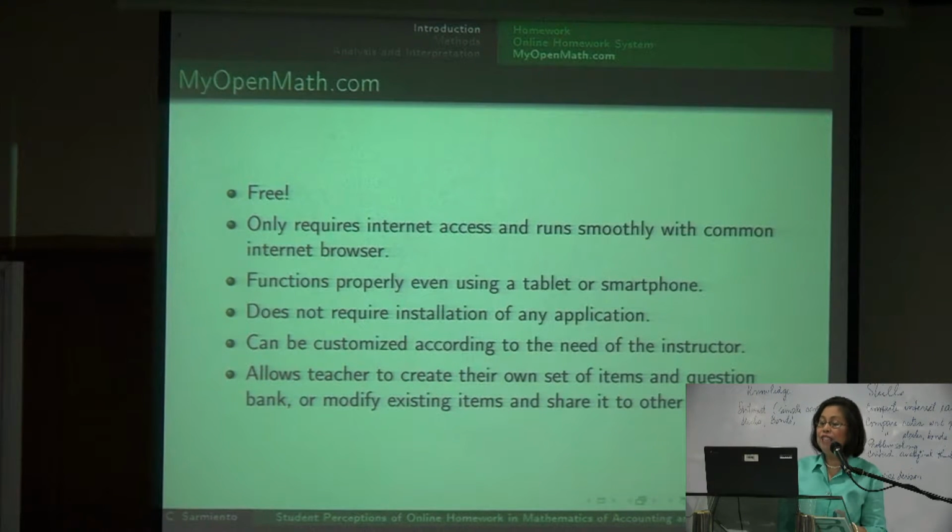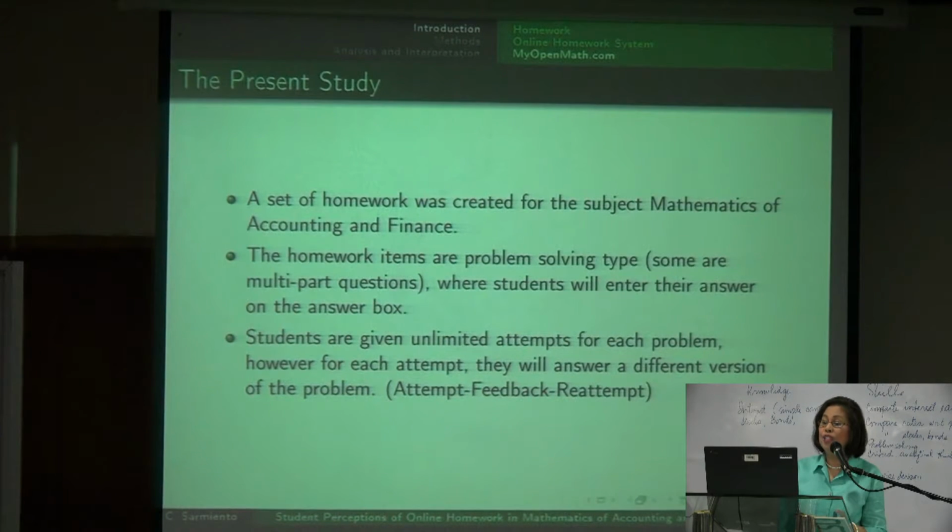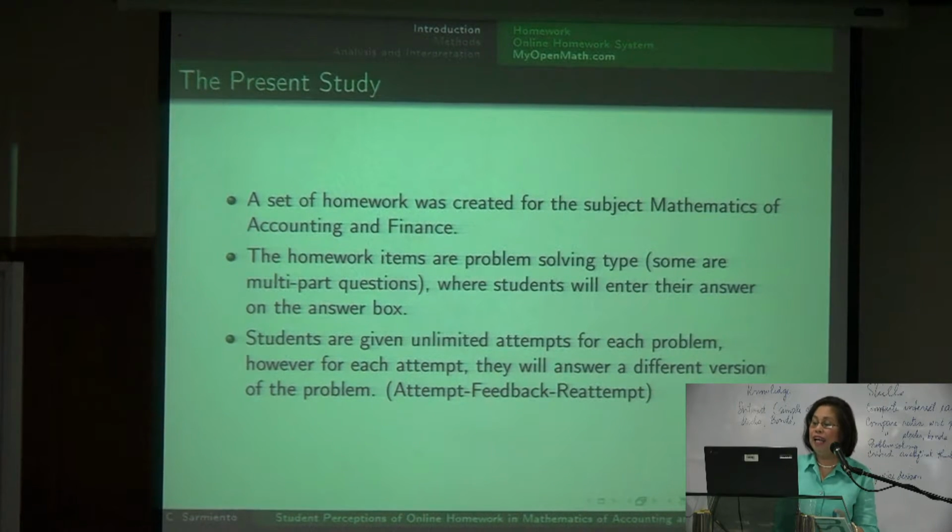Okay. And in fact, she did an actual study. She gave a set of homeworks, created them for mathematics of accounting and finance, and they are problem-solving type. Students enter their answer on the answer box. Students are given unlimited attempts for each problem. However, for each attempt, they will answer a different version of the problem.